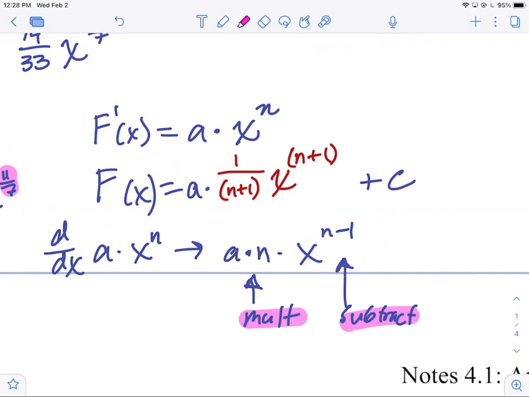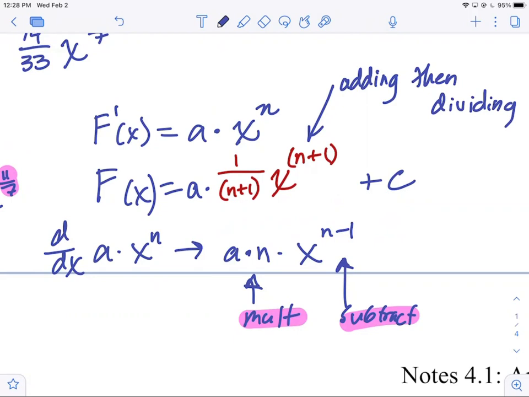So instead of multiplying and subtracting, what we're doing here is we're adding, then we're essentially dividing. Okay, when you multiply by 1 over n plus 1, it's like dividing by n plus 1. But the reason I don't like to say dividing by, I'd rather put the reciprocal in front for the cases when we have fractions. Okay, like 4/7 and 7/4.